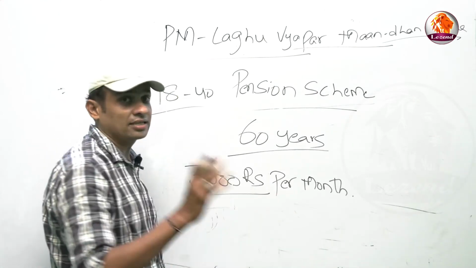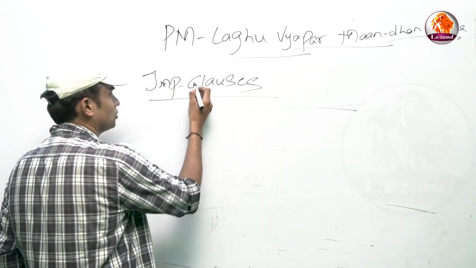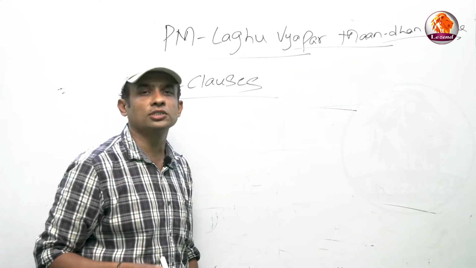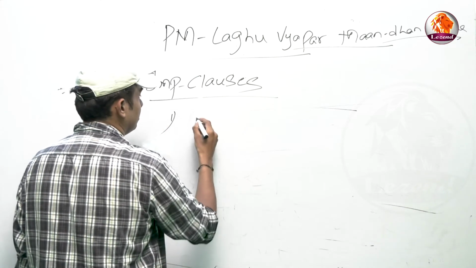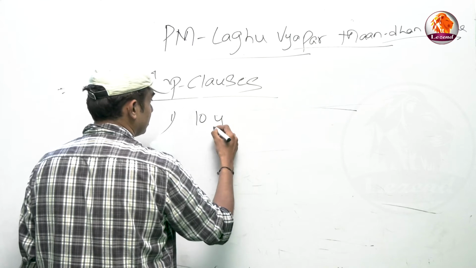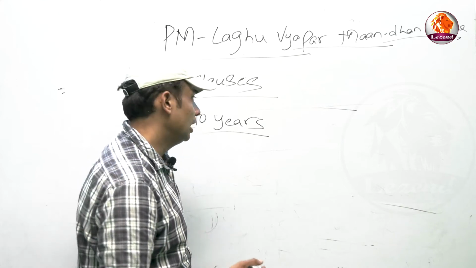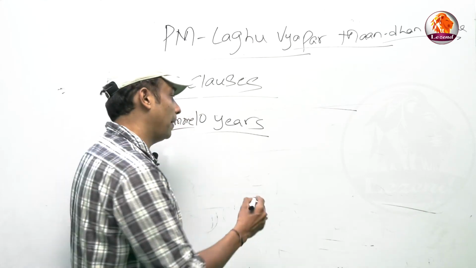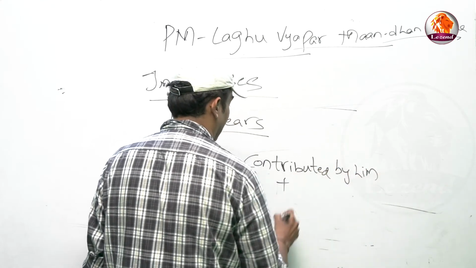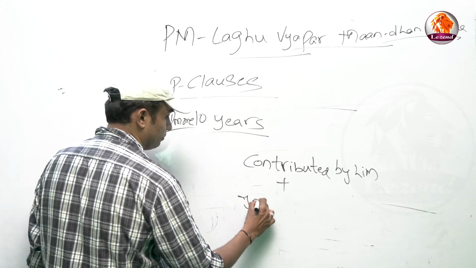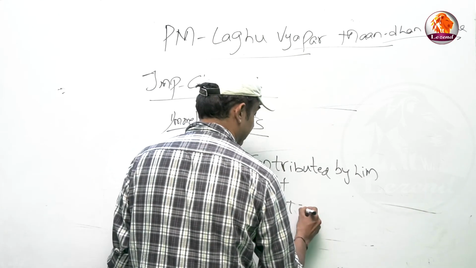Okay, and there are certain clauses to remember, guys. Let's see what those important clauses are. So we have understood that the person will be paid 3,000 pension every month. Suppose the person has paid the contribution for more than 10 years, and if he wants to stop the scheme, then the amount contributed by him will be given back with the interest of a savings bank interest.